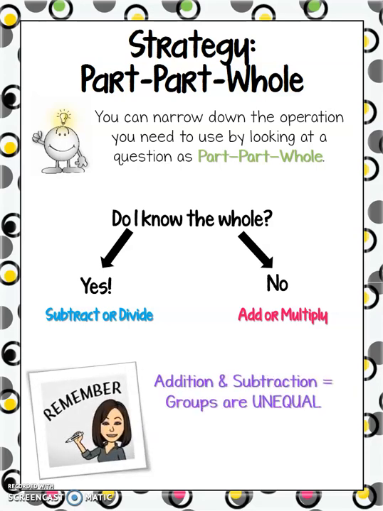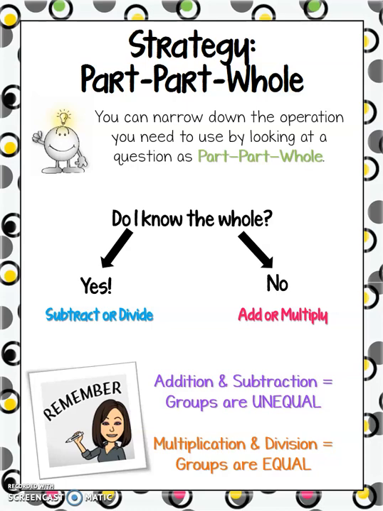Remember, addition and subtraction has groups that are unequal, meaning you could have a group of 3 and a group of 17. Those 3 and 17 values don't have to be the same. But to decide between the operations, you can also think about it that multiplication and division have equal groups.